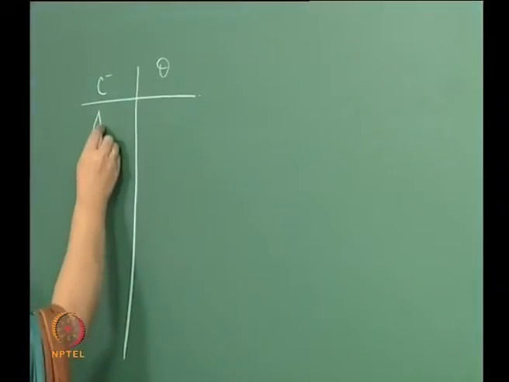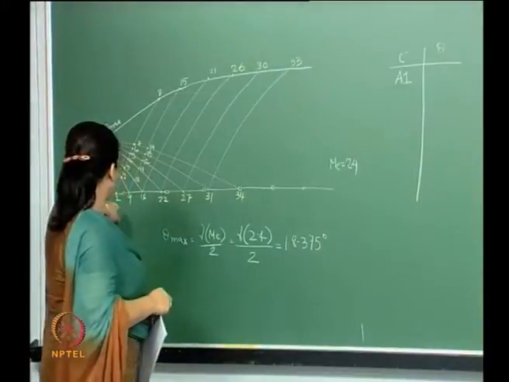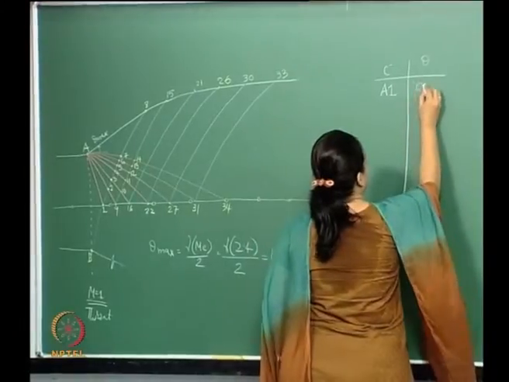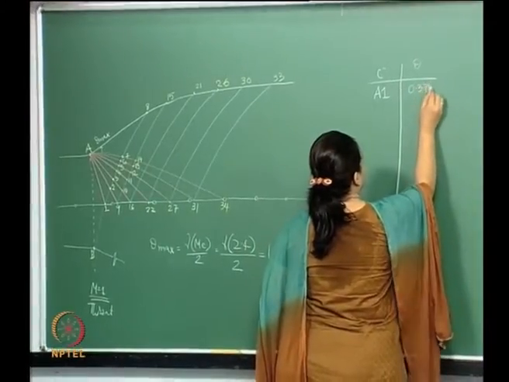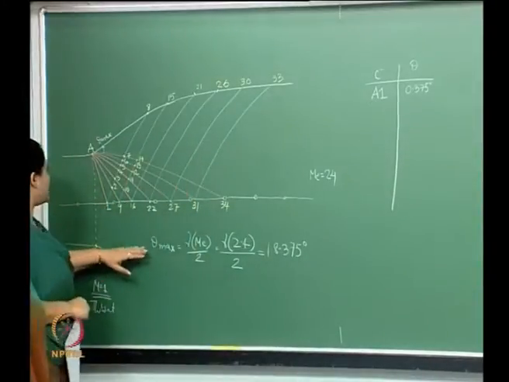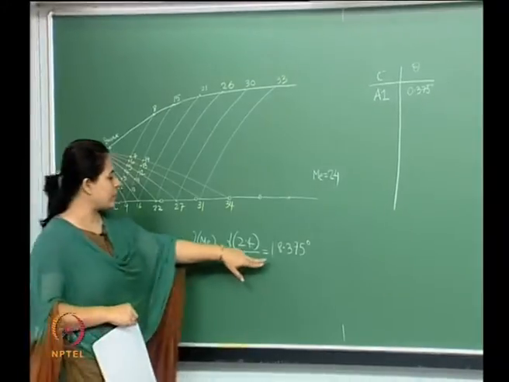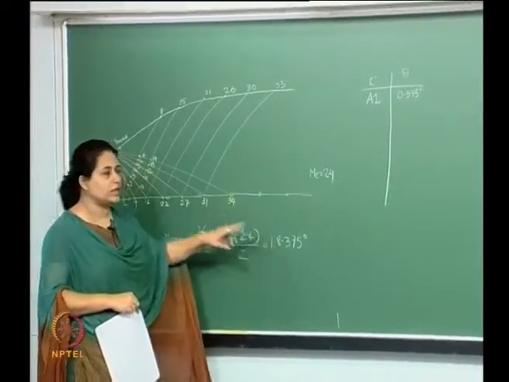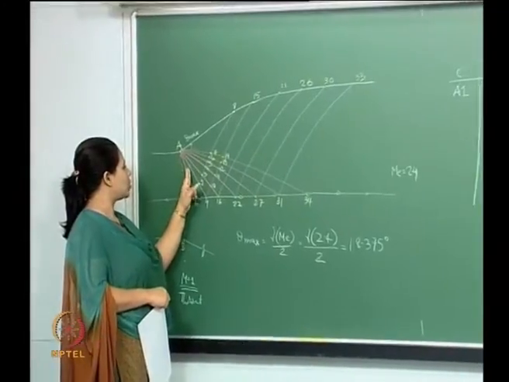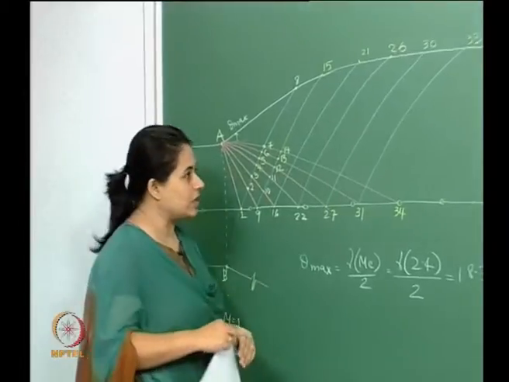So for A1, let's say we will take 0.375. So what we are left with is essentially 18 degrees, which we will divide amongst these, which is 1, 2, 3, 4, 5, 6. So 3 degrees each, right?